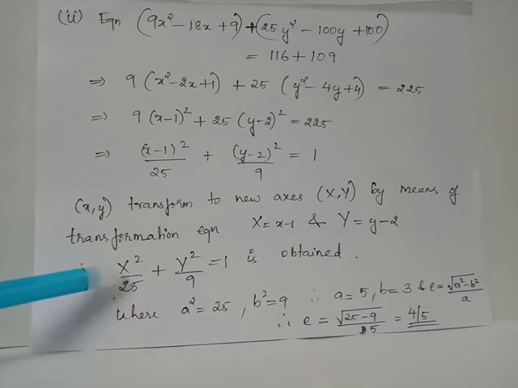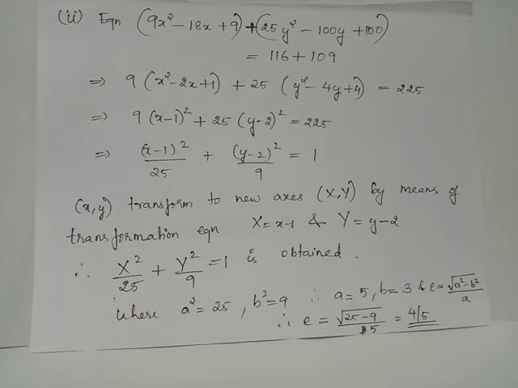For this ellipse, equation of directrices will be X = ±a/e, where a = 5 and e = 4/5. We have ±a/e = ±5 divided by 4/5, which becomes ±25/4.